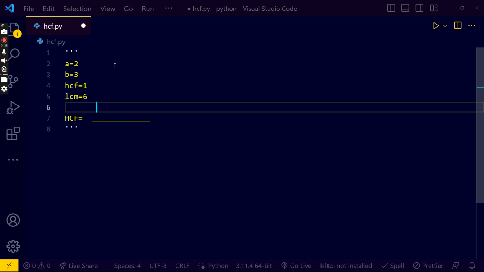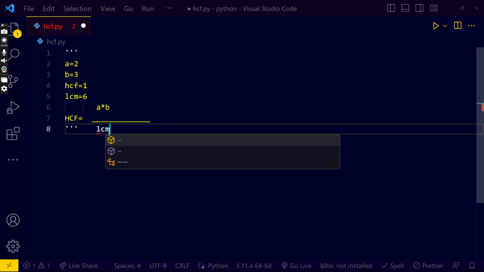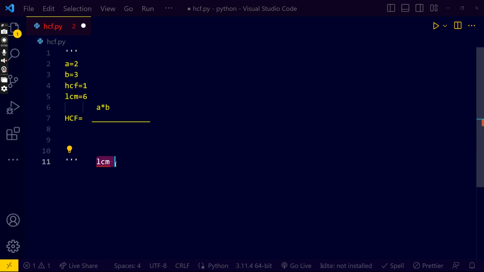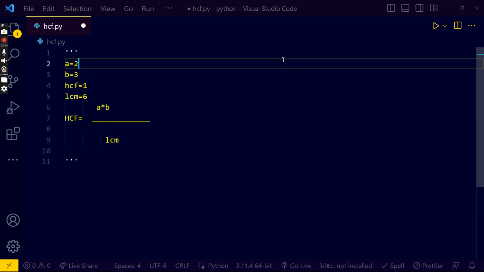Normally, the formula is A star B by LCM. That is the only logic here. You learned that the product of two numbers equals LCM into HCF. This is the formula I am using here.